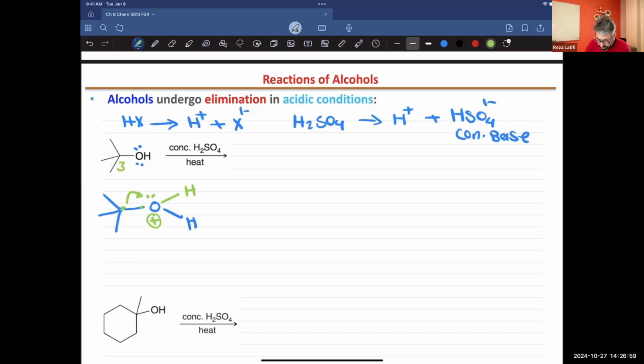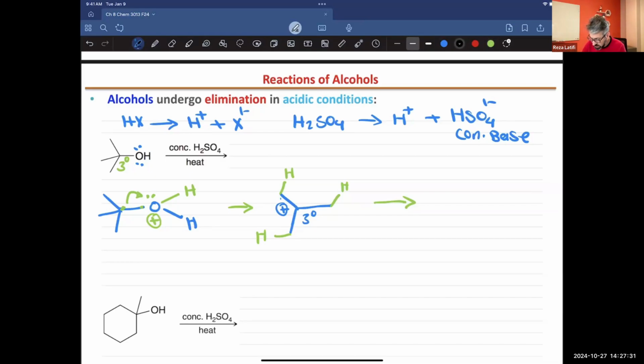We started with a tertiary alcohol, so that tertiary alcohol is capable of accommodating a positive charge, and it will give us a tertiary carbocation. A tertiary carbocation can easily handle the positive charge, and remember, we do have hydrogens on those methyls, and those hydrogens, if they see a base, might interact with it. And that's going to give us an elimination product.